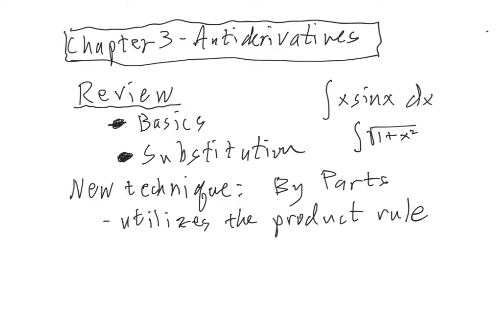Maybe we needed a substitution and then we would get here. And we don't know that antiderivative either. We haven't seen a function whose derivative is x sine x or the square root of 1 plus x squared. And therefore, we don't know an antiderivative. And using the substitution, there's just no way to figure out what's going on here.